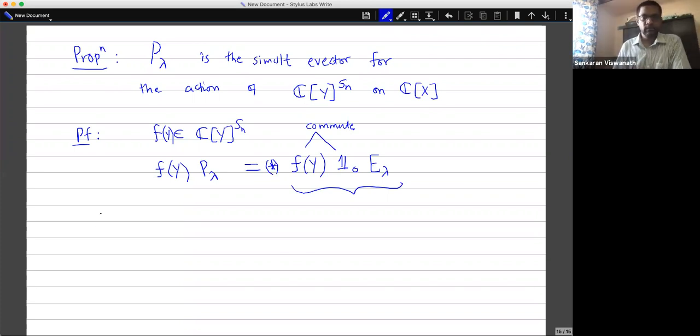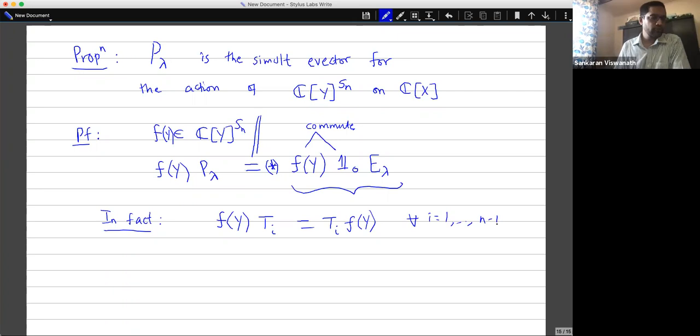In fact, there's more. In fact, f(y) actually commutes with every one of the T's. This makes use of the symmetry in a crucial way. If I have a symmetric polynomial, then it commutes with every element of the finite Hecke algebra.